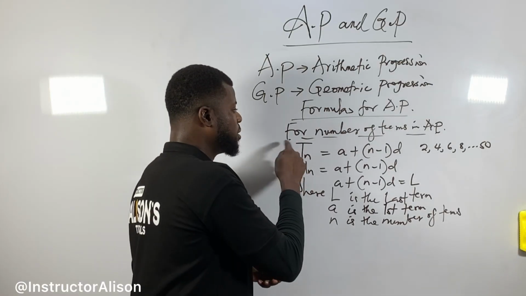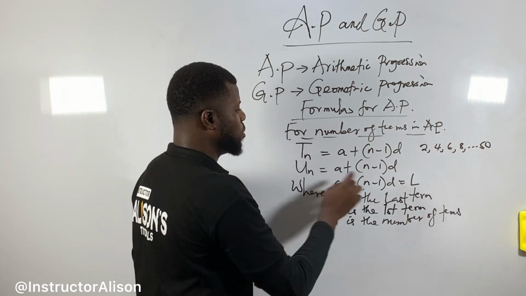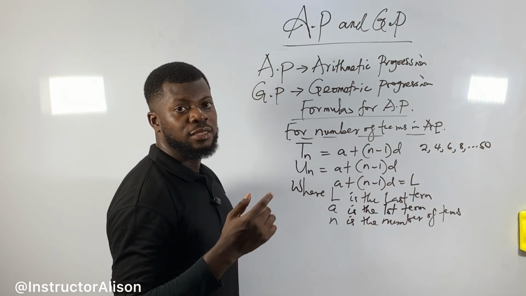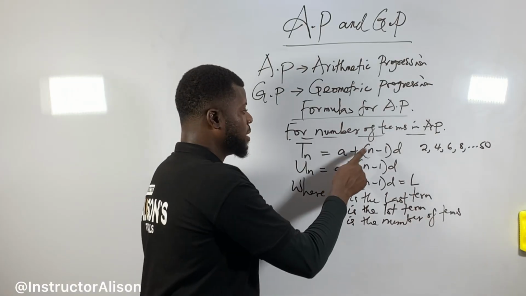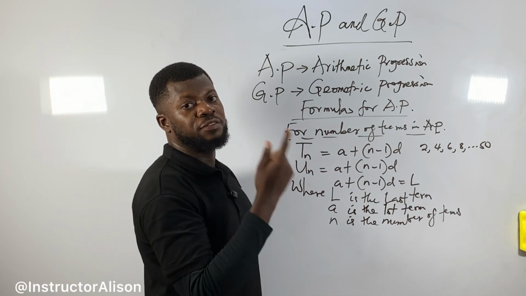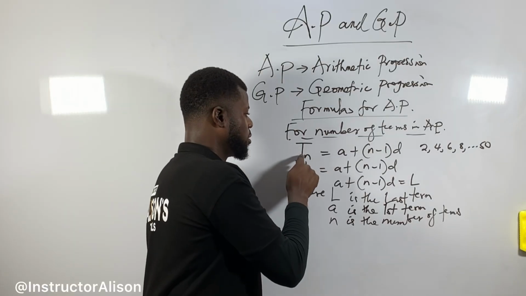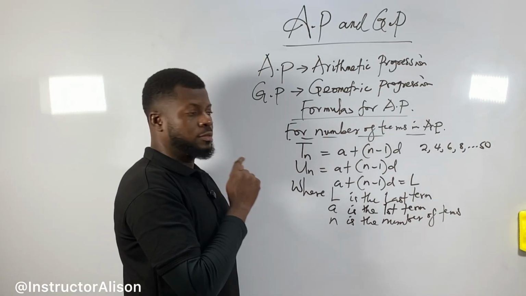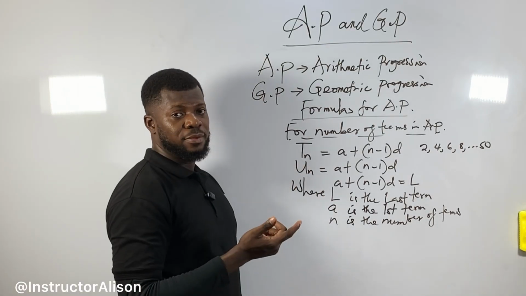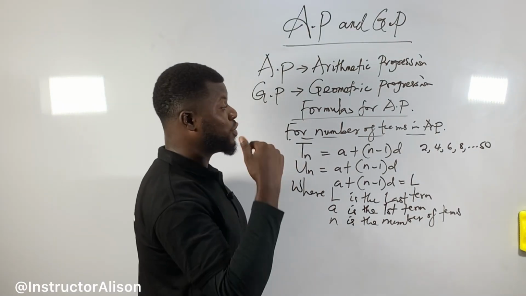If they give you the last term, I use this formula whenever the last term is given. This way you find the number of terms, or maybe they don't give you the last term, but they give you the fifth term, T subscript 5.